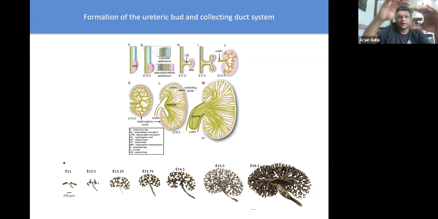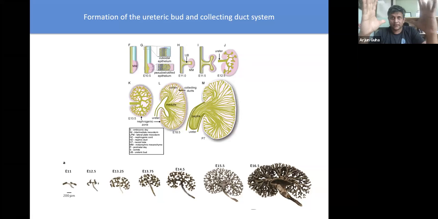And these signals lead to the branching morphogenesis of the nephric duct to form what is called the ureteric bud. And these ureteric buds then undergo a repeated series of branching via reciprocal interactions with the cap mesenchyme that surrounds it. But all of this is making the collecting duct system of the kidney. We haven't come to the nephrons yet.